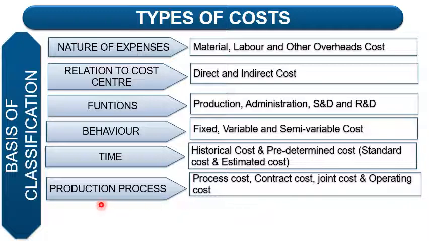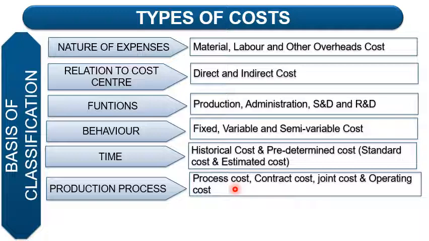Now next one is the production process cost, meaning the basis of classification on the production process. Here is the process cost and contract cost. As I already told you, these are topics which we are going to discuss in detail in our 6th semester. The process cost involves the different processes of production of a product, the different processes a product has to pass through.